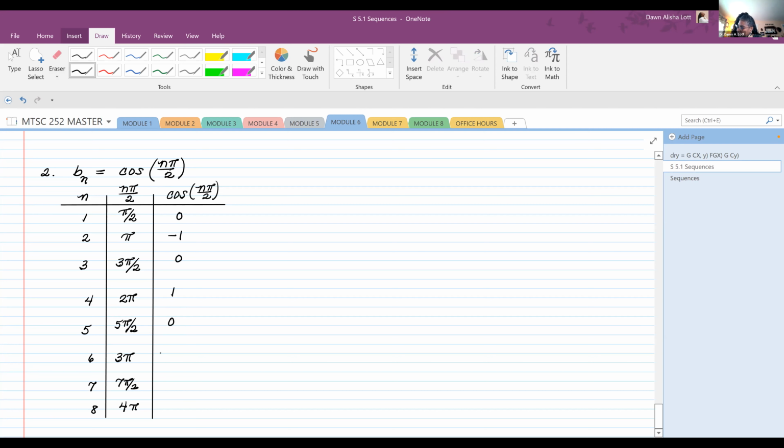The cosine of 3 pi is -1. The cosine of 7 pi over 2 is 0. And the cosine of 4 pi is 1. Okay, so this sequence b_n looks like 0, -1, 0, 1, 0, -1, 0, 1. We know the next terms in the sequence and we can keep it going.